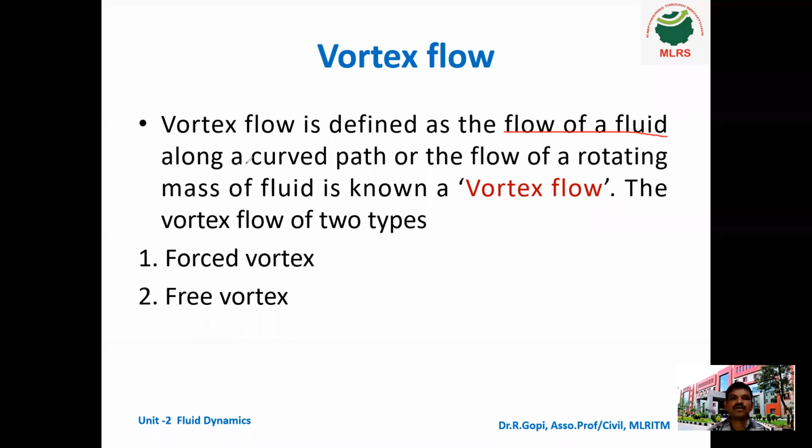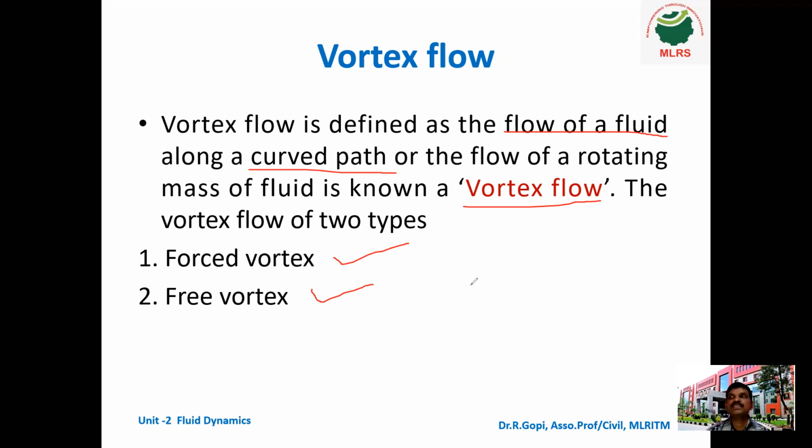The flow of a fluid along a curved path, or the flow of a rotating mass of fluid, is known as a vortex flow. The two types of vortex flow are forced vortex and free vortex. What is forced vortex and free vortex? Forced vortex means that if you need a vortex, we have to apply some force to generate that vortex.